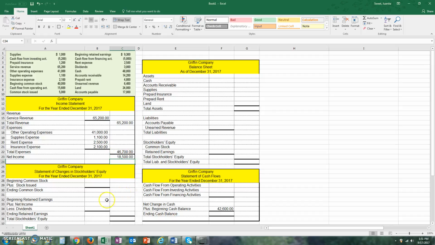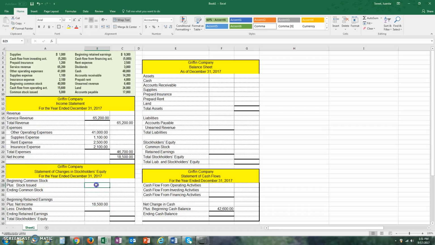That number will move down to the statement of changes because it increases retained earnings. Now I need to look for the other accounts that have to do with equity. So looking down for equity accounts, I see common stock issued.